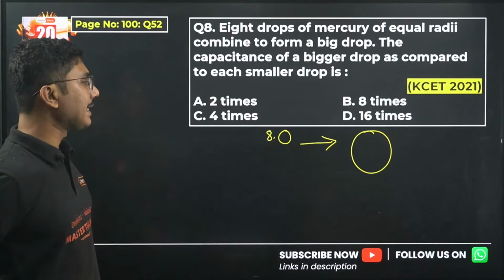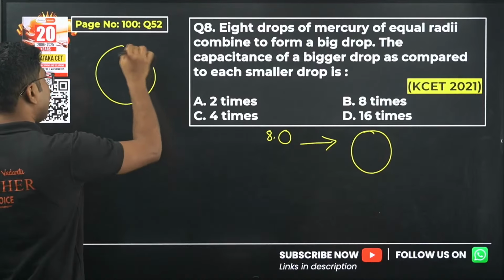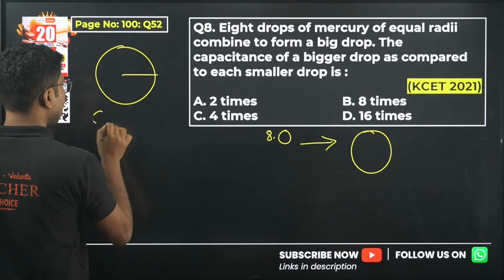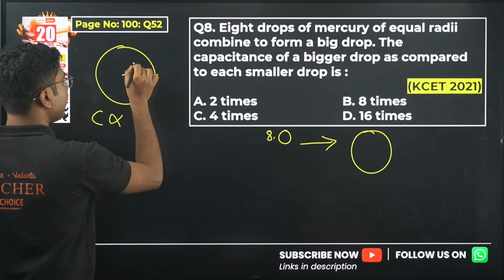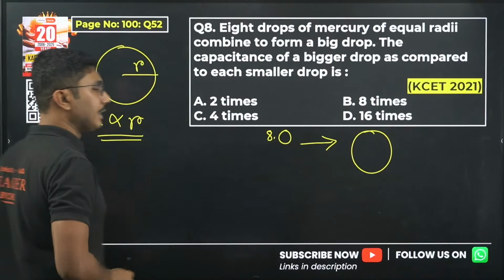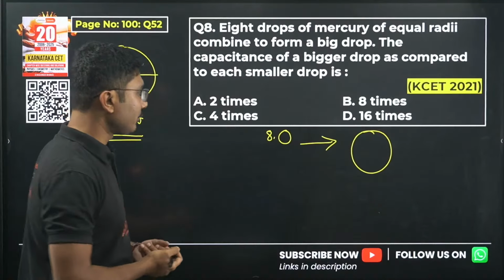You have to understand that the capacitance of a spherical object is directly proportional to its radius.